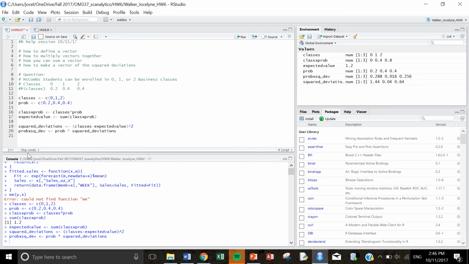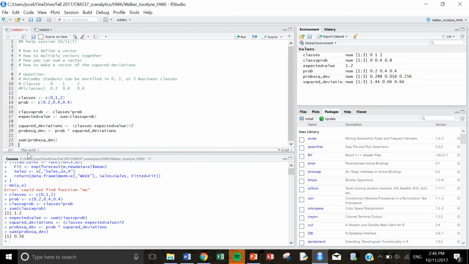And how we find the standard deviation is I have to sum my probability times squared deviations. When I sum that, I get 0.56.